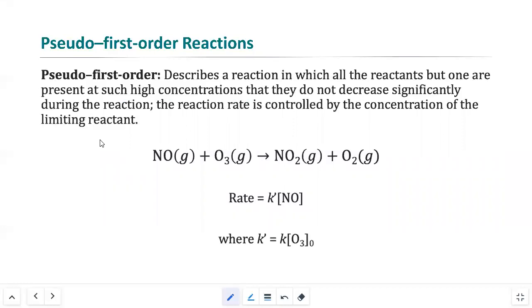Well, what we can do is create pseudo-order kinetics if we flood the reaction vessel with so much of one of the reactants that even when the reaction is over, the concentration of that reactant barely changes.